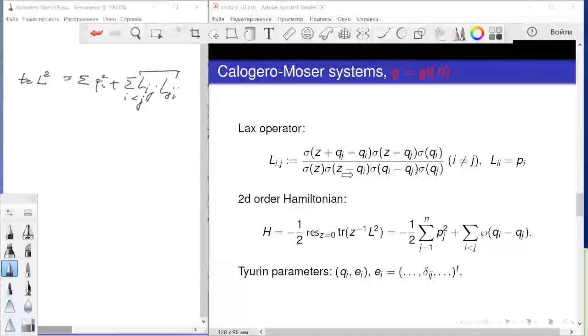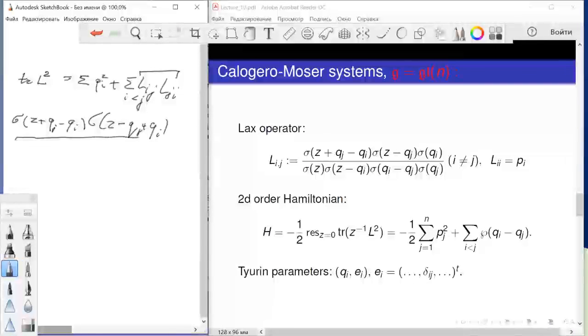What we have in the remainder is the following: sigma of z plus qj minus qi, sigma of z minus qj plus qi, divided by sigma of z squared, sigma of qi minus qj squared.